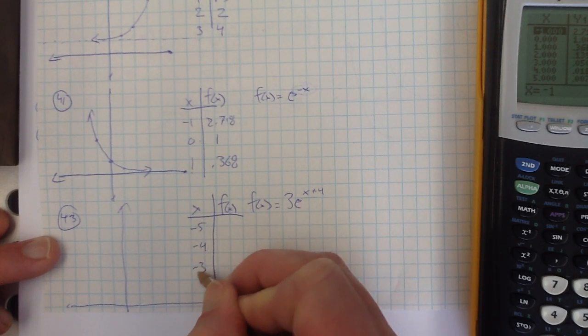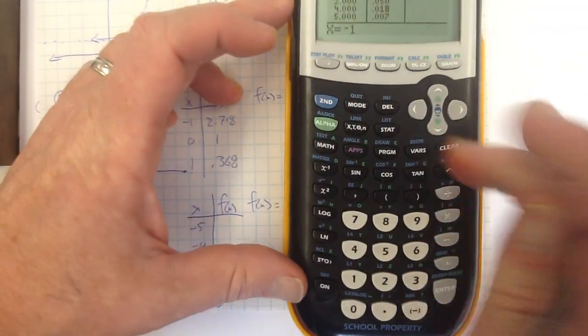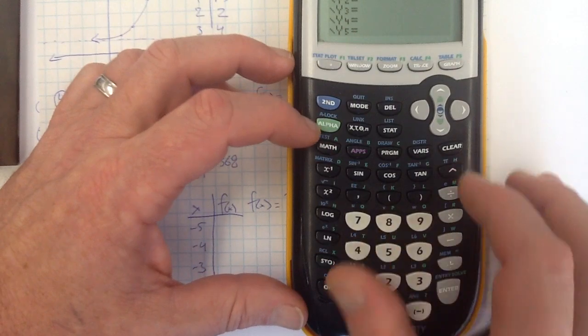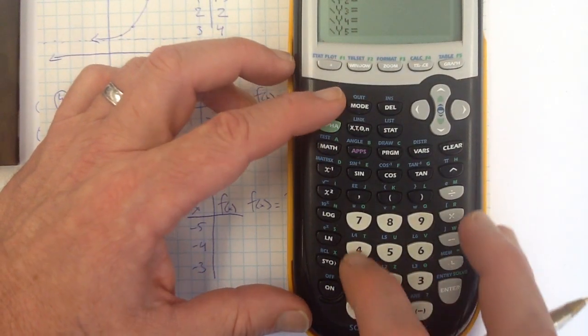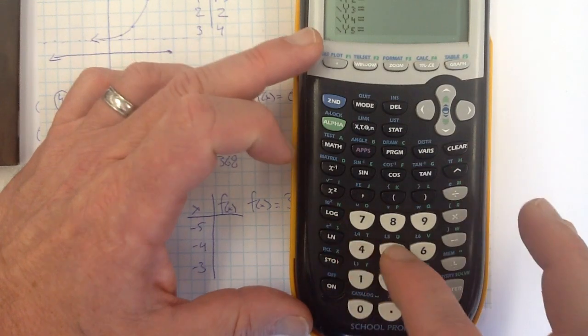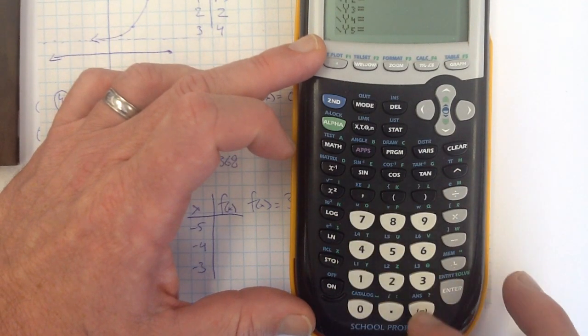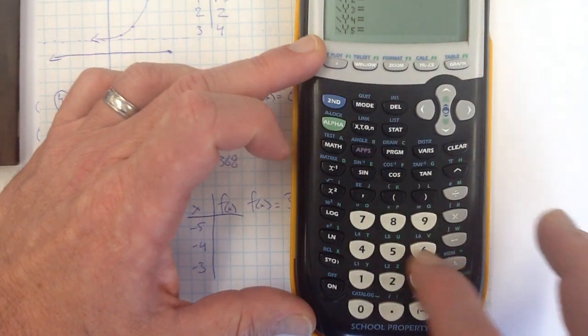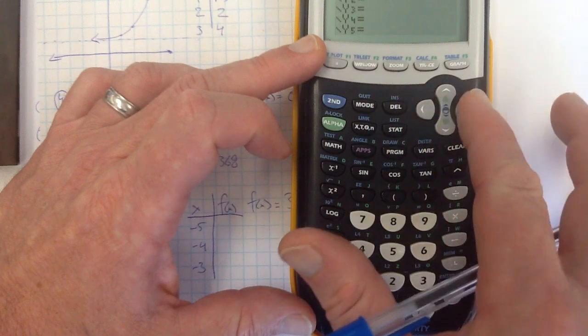Negative 5 and negative 3, around that. Should be enough to get the shape. I'm going to go back to my y equals, and this time I want 3e to the x plus 4. And delete this other junk.